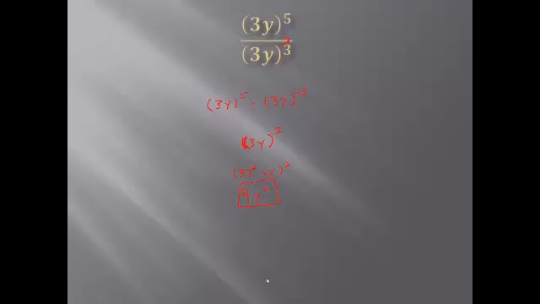So we get 9y squared. So again, since they had the same base, I just move this one up, change the sign of the exponent, multiply like bases, we add the exponents, and that's what we come out with. Okay.